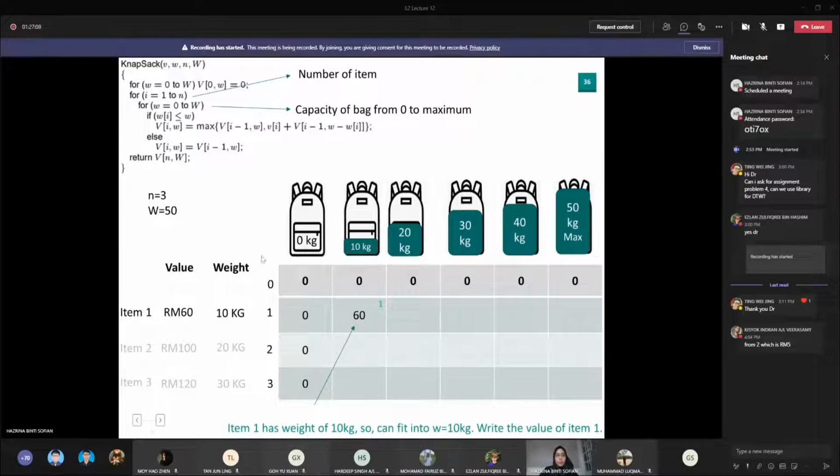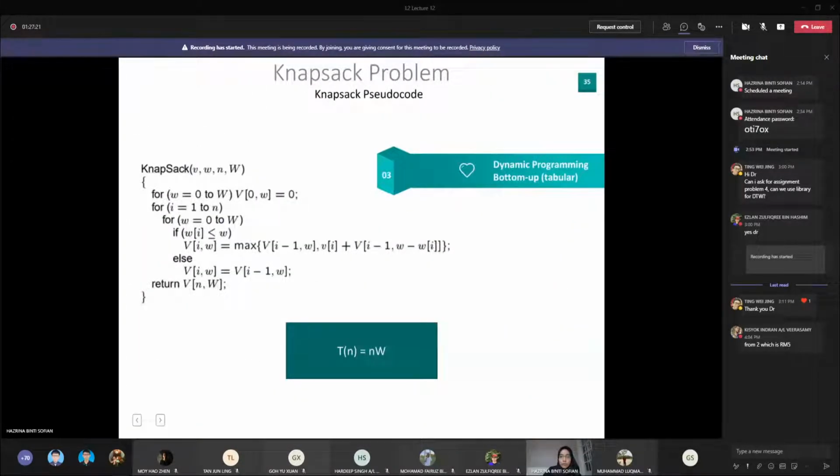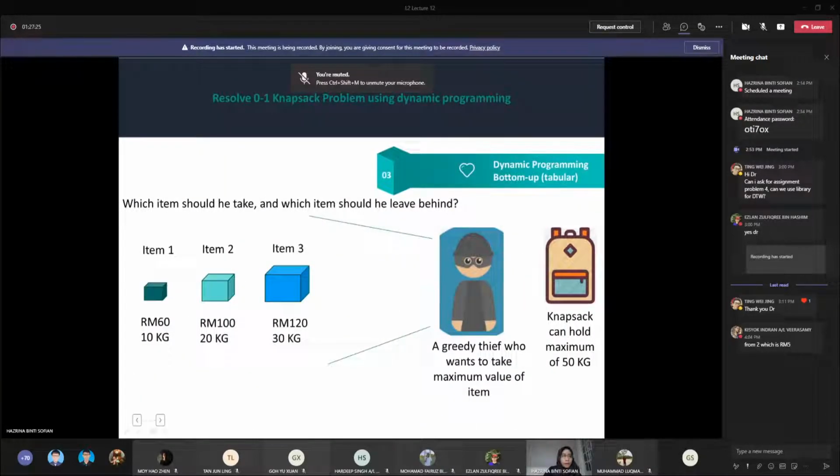So right now we have n equals 3. n stands for the items. So we have item 1, item 2, and item 3. So n is 3, and the weight is 50.